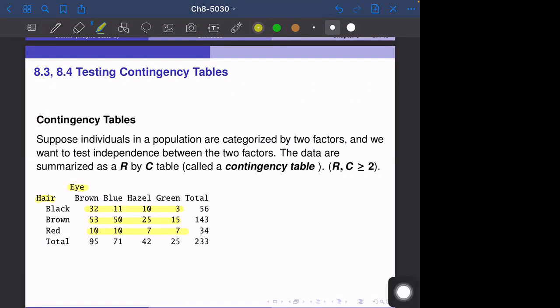This also has the total and the subtotal here. This is called a contingency table, or sometimes the confusion matrix. We say the number of rows here is R, which is 3, and the number of columns here is 4. The total is not included, so R is equal to 3 and C is equal to 4.